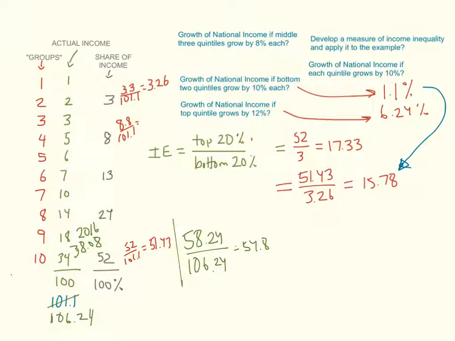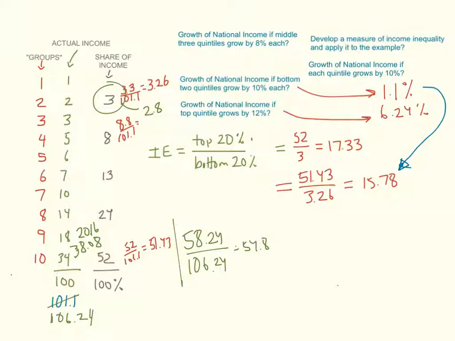But if you look at the bottom 20%, their income is still 3, but now those 3 is actually only equal to, so I'm looking at this one here, and their share is changing now from 3% to 2.8%.